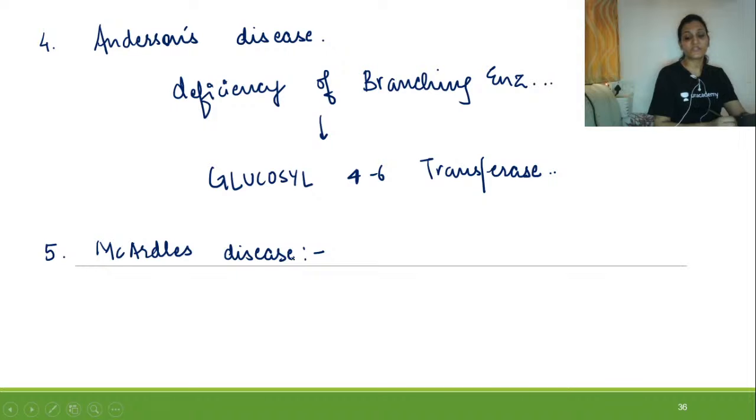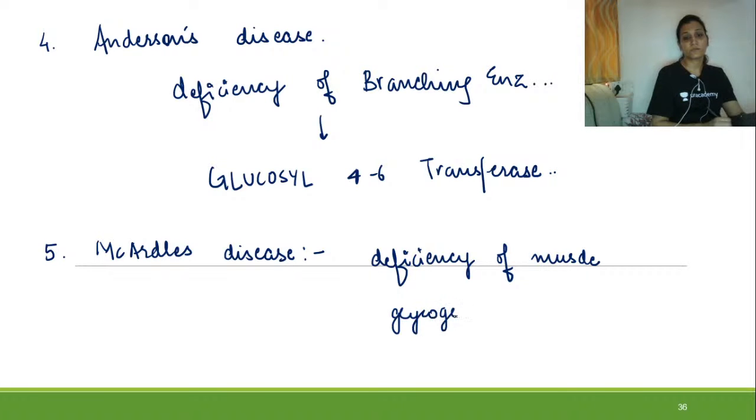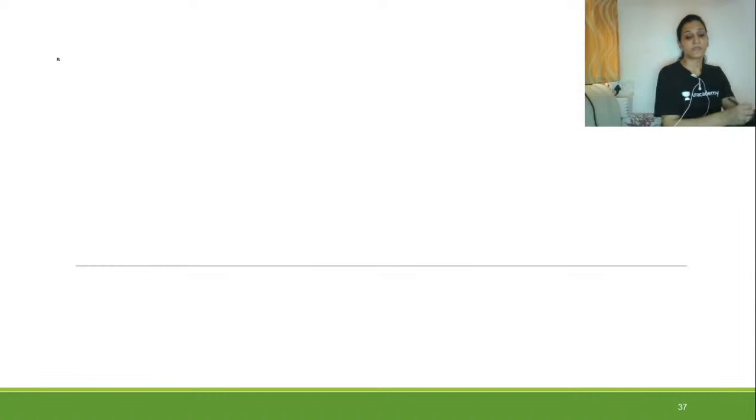There will be deficiency of muscle glycogen phosphorylase. Then the last one is Hers disease.